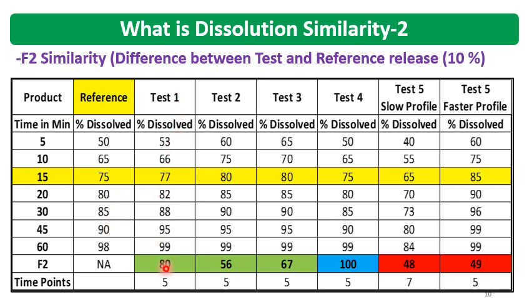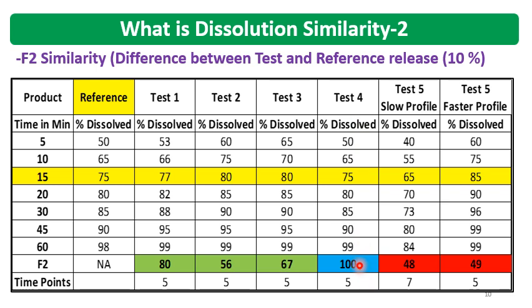Now test 1 data is here. It is giving you the F2 value of 80. It is similar. Then test 2 is giving you similarity with an F2 of 56. Formulation 3 is giving you an F2 of 67. It is also similar. Then test 4 is giving you 100% F2.